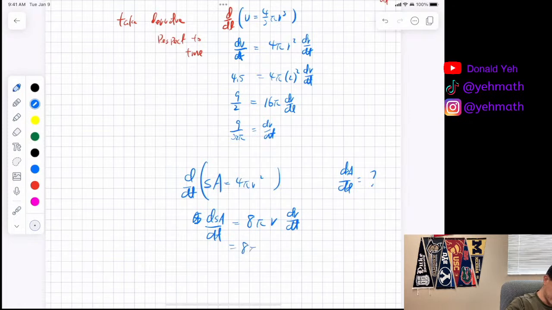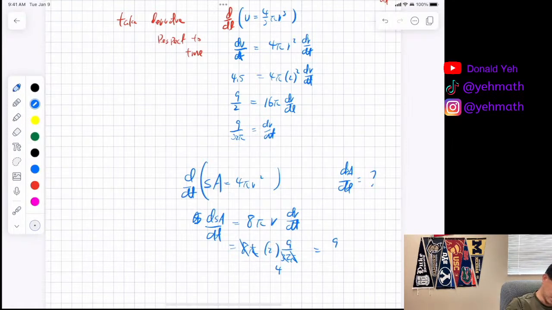Which is dr/dt, you already know. What is dr/dt? 9 over 32 pi. So pi and pi cancel out. This is 4. So that's equal to, wait, 4 over 2.